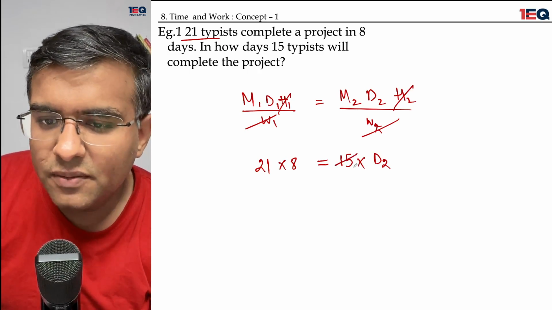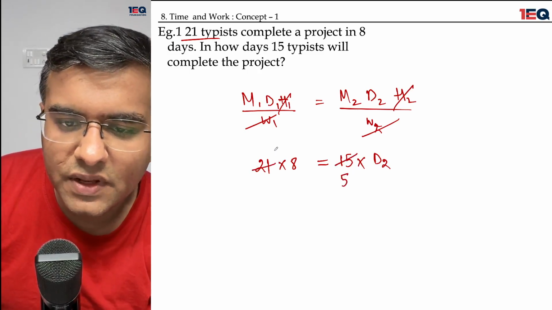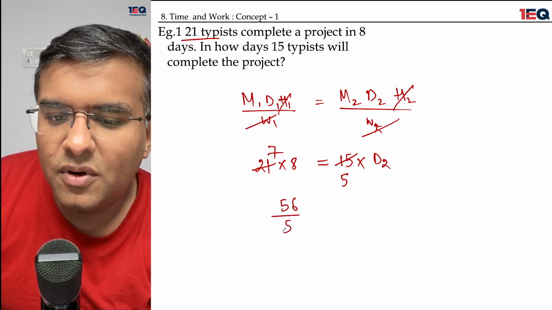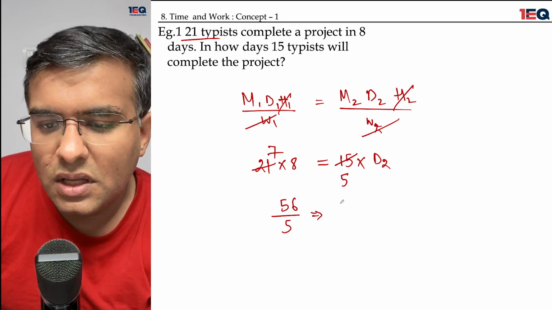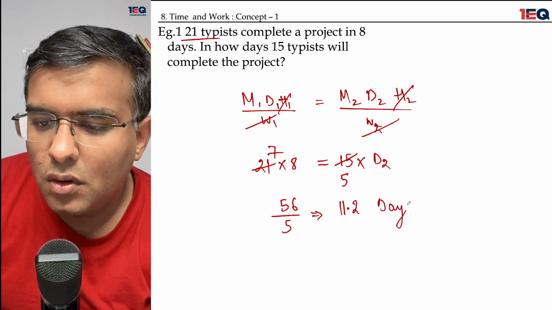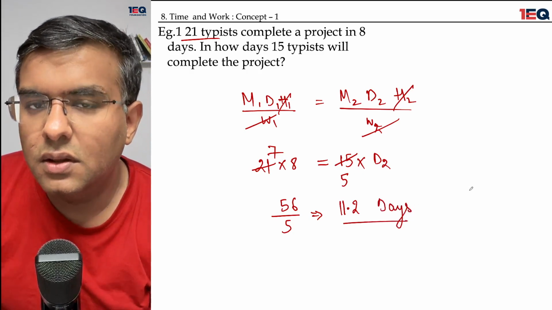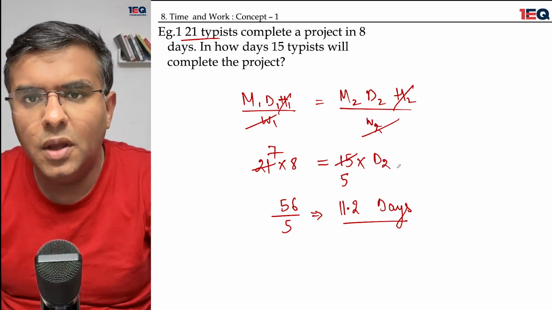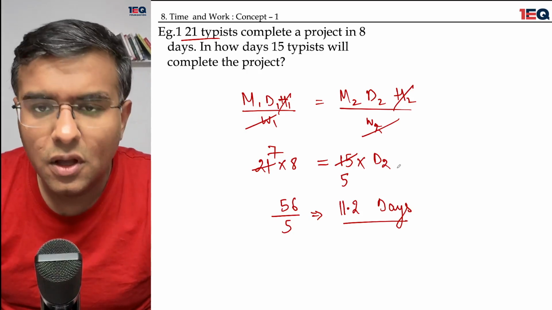I'll quickly solve it. 3 5s are 15, 3 7s are 21, 7 8s are 56, 56 upon 5. The answer comes out to be 11.2 days. Yep, good enough. Moving on.